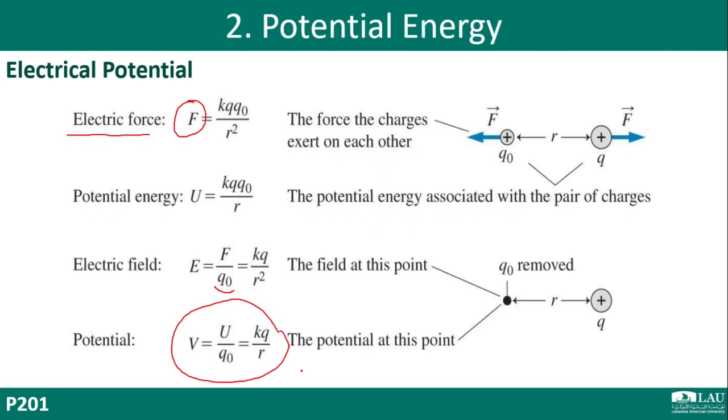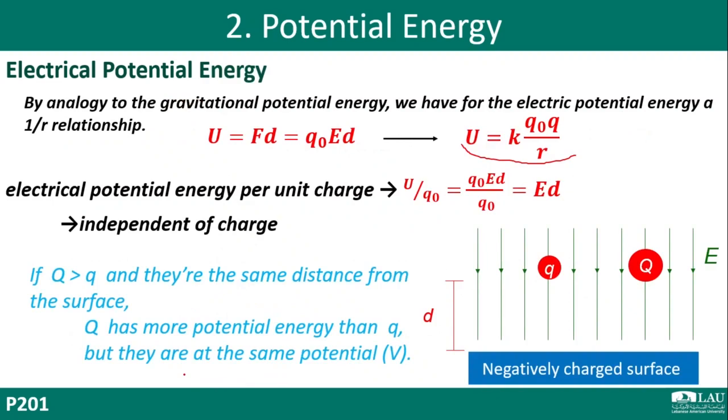So capital Q and small q are at the same distance from the reference point. They don't have the same potential energy because the potential energy depends on their charge, but they have the same potential value, the same potential V.